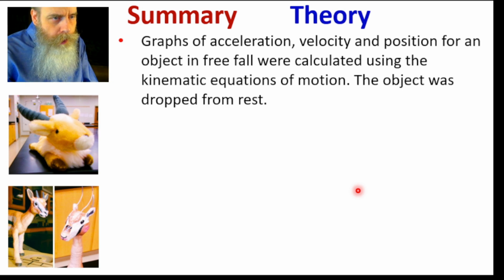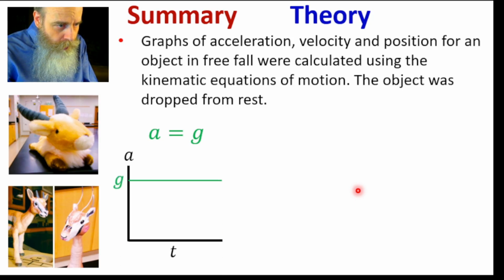Theory. Graphs of acceleration, velocity, and position for an object in free fall were calculated using the kinematic equations of motion. The object was dropped from rest, and the x-axis was positive going downwards, and we started at x equals 0. For acceleration, it's a constant, a equals g, the acceleration due to gravity. So in the graph of a versus t, we just have a horizontal line at acceleration equal g.